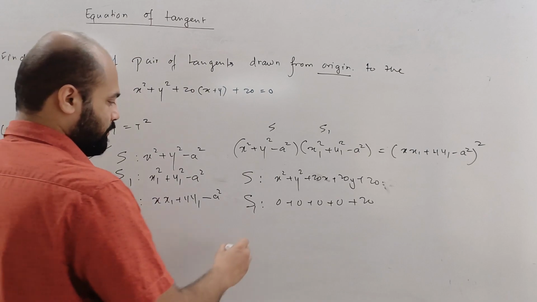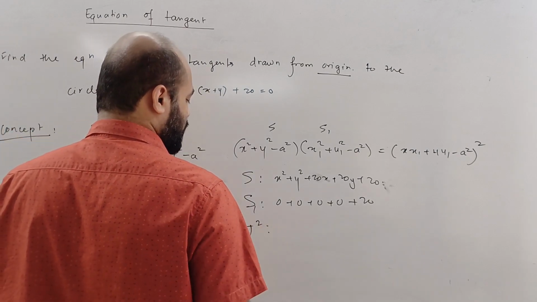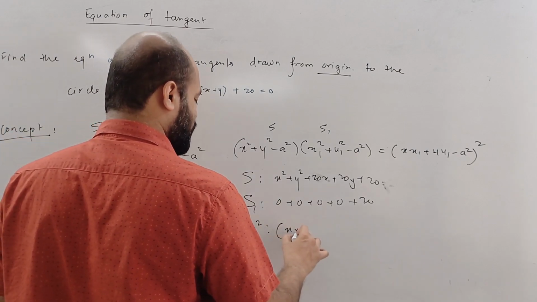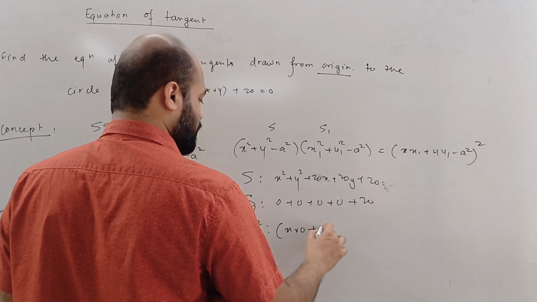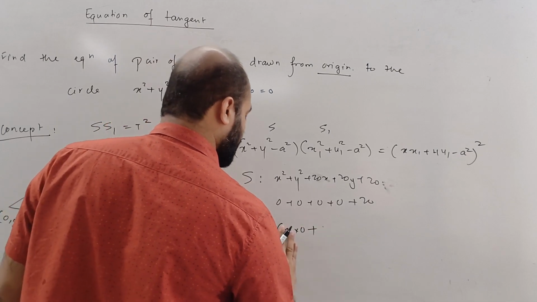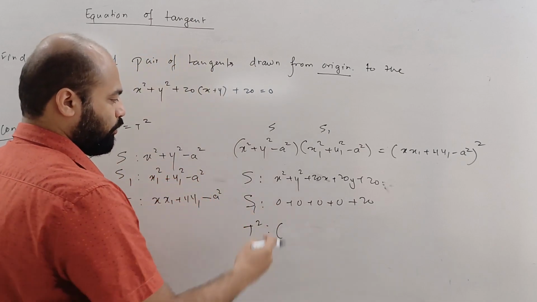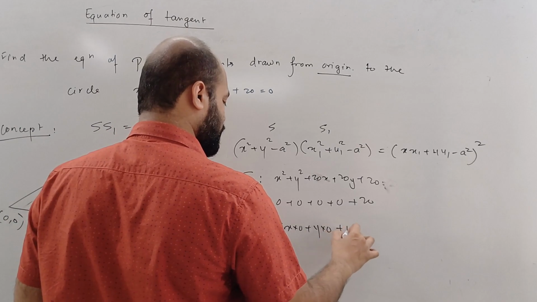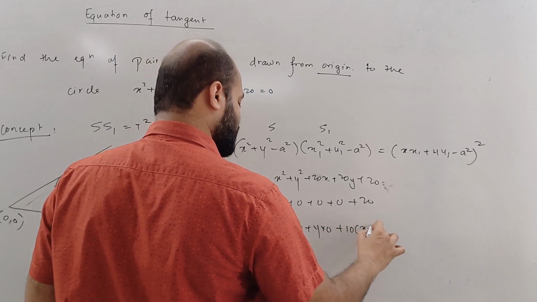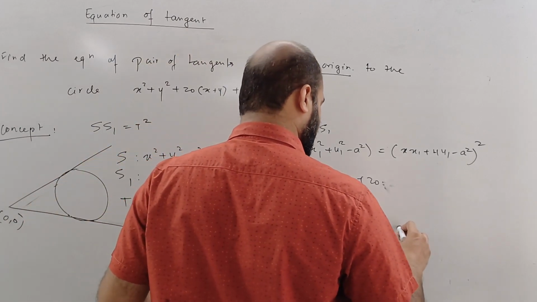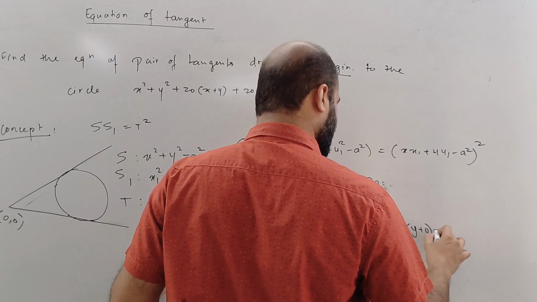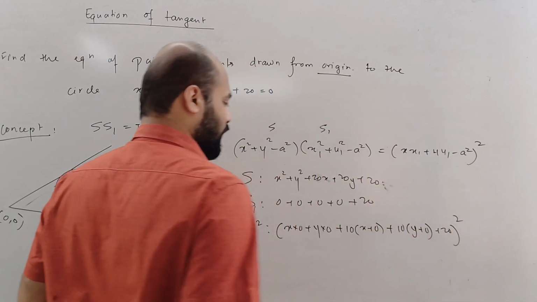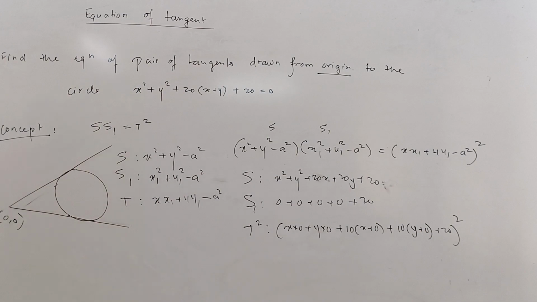And what is T square? So let's put that as well. So that is going to be x into 0 plus y into 0 plus 10 into x plus 0 plus 10 into y plus 0 plus 20, the whole square. This is the ultimate expression that we will get.